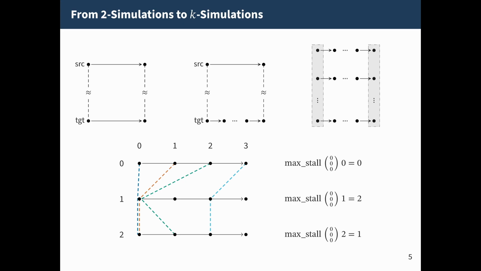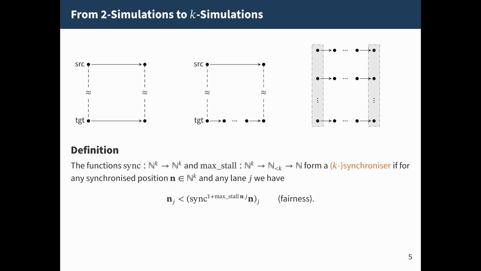And given these functions, we can now define our k-synchronizer, which is basically the construct which we use to make sure that our simulations actually make progress all the time. And this has this slightly complicated definition, but actually what it just means is that this max stall function really determines on every lane how many steps we have until we are making progress on that lane.